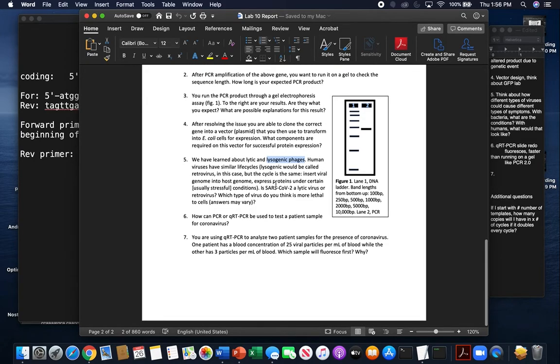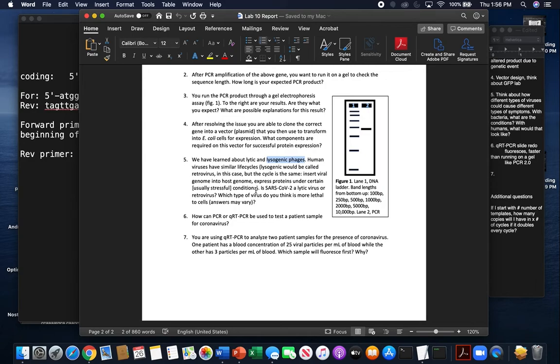And so what would that look like if I have that happening in a human cell? Lysogenic is for bacteria, retrovirus is for eukaryotic cells. So if I have that happening in one of my cells, what would happen? What's an example of a retrovirus in a human cell? Think about that for a second.